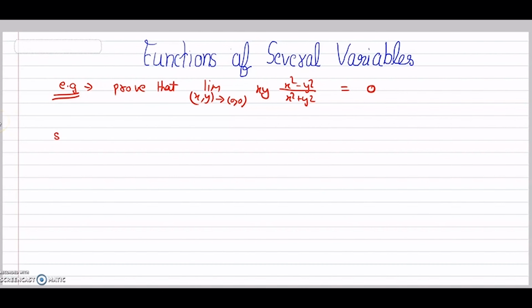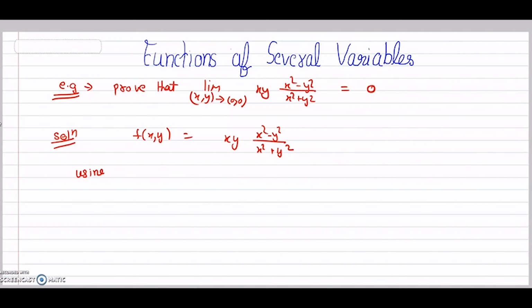So let's solve. We are given that f(x, y) equals xy(x square minus y square) upon (x square plus y square).